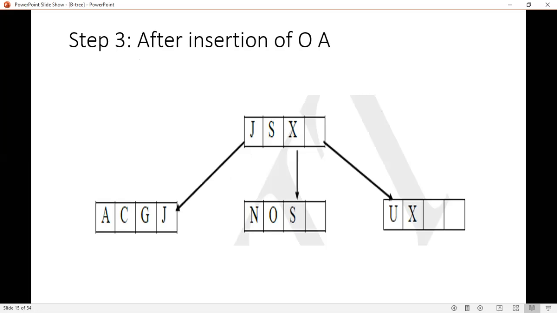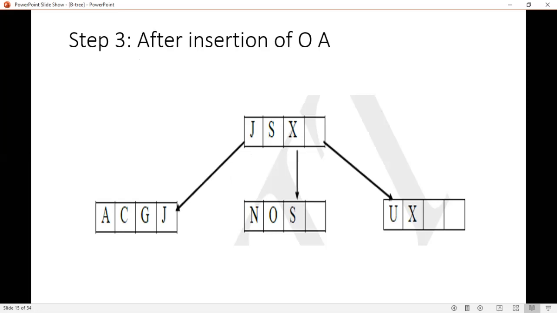Result is this one. In the root node you have J, S, X, and you have 3 child nodes there, that is A, C, G, J one node, and O, S one node, and U, X next node.